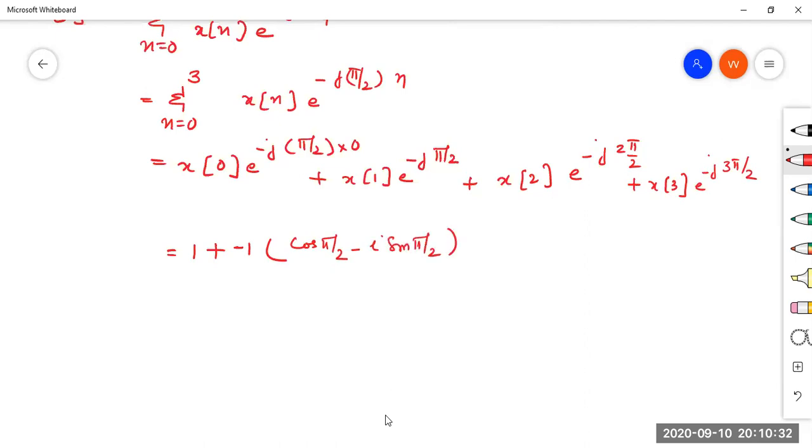So cos pi by 2 is 0, minus j will come. So all of this, e raised to minus j pi by 2, e raised to minus j 2 pi by 2, e raised to minus j 3 pi by 2, everything can be written in this form, and then you can find the value. So now I will rub this. Instead of this one, I will write just the value.